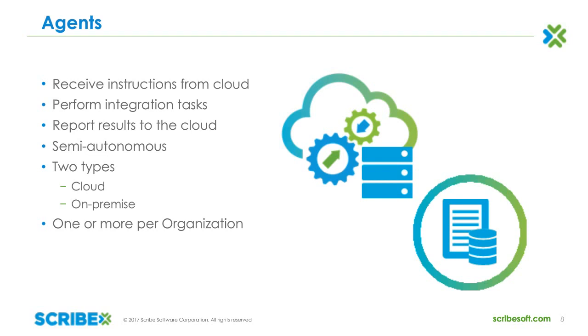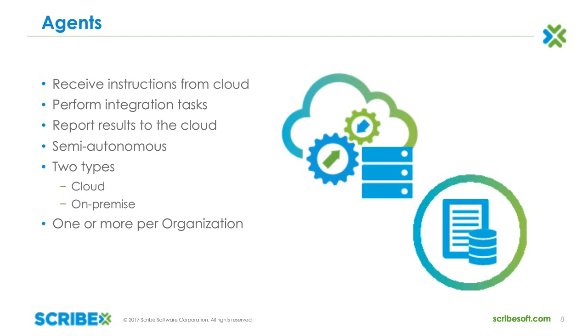And you would use a cloud agent whenever you don't have an on-premise system that you're involved in a map. I should note that when you're using a cloud agent, of course, the data is going to flow through the Scribe cloud. We don't save anything, but it does make that transit.